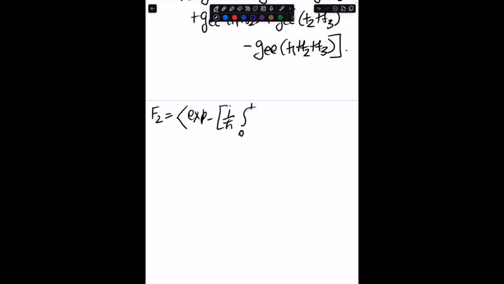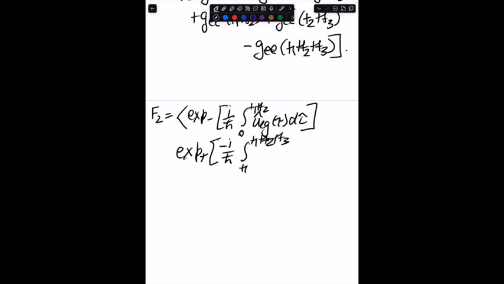So you go from 0 to t1 plus t2. You had eg tau, dt tau, and then you have a positive time-ordered exponential, which goes from t1 to t1 plus t2 plus t3. You had eg tau, dt tau.